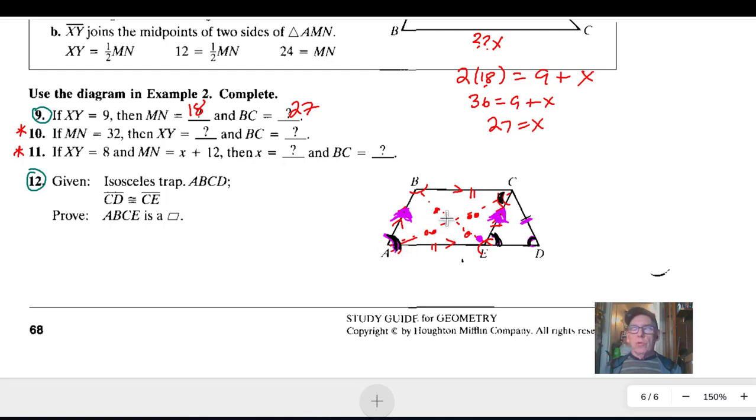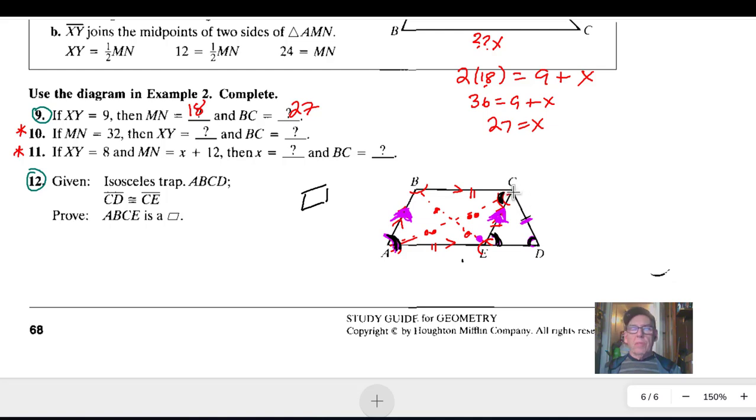Okay, another thing we could do, I can't get the parallel thing out of this other side yet, but if you got one set of sides that are both parallel and congruent, that's also enough for it to be a parallelogram. So if I could get that these sides were congruent to each other, or these two were congruent to each other, that also would do it for us.